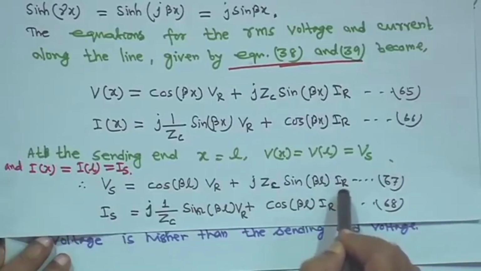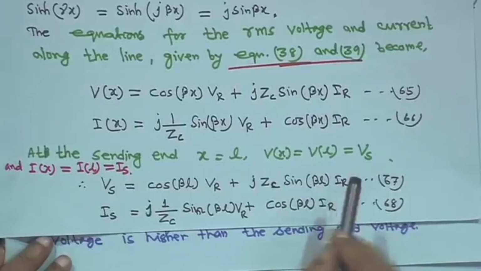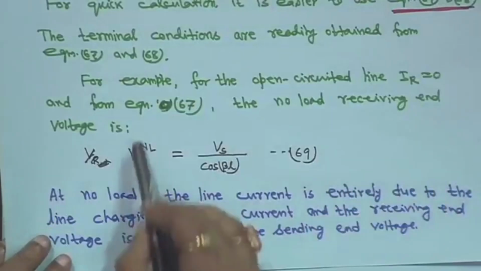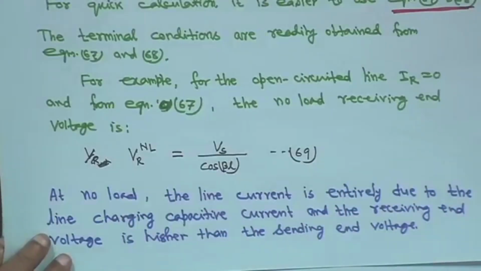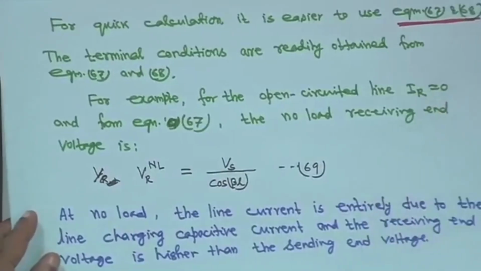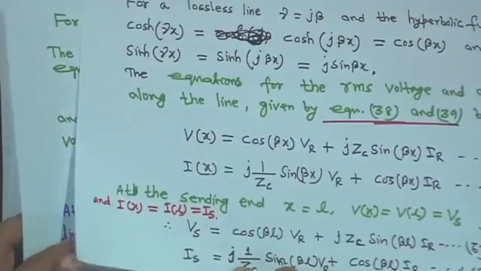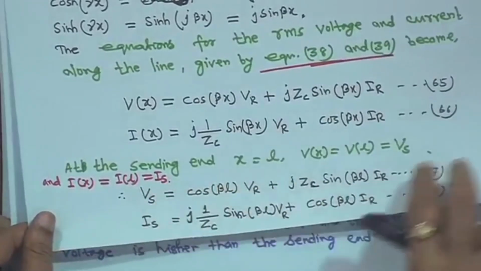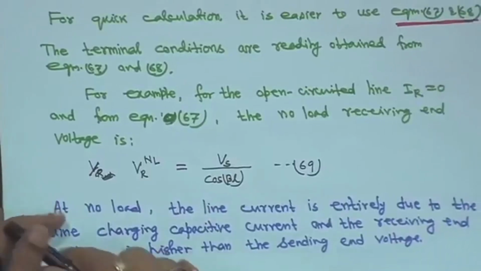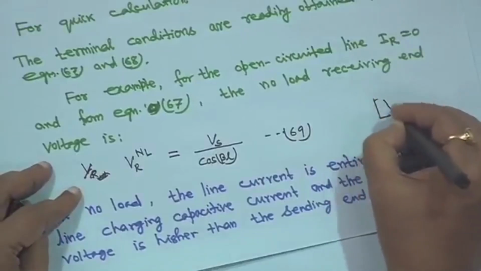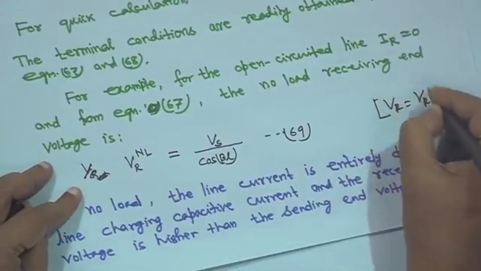If you do so, the no load receiving end voltage will become, at no load condition, when the line is open circuit and I r is equal to 0, V r is equal to V r N L, V r no load.